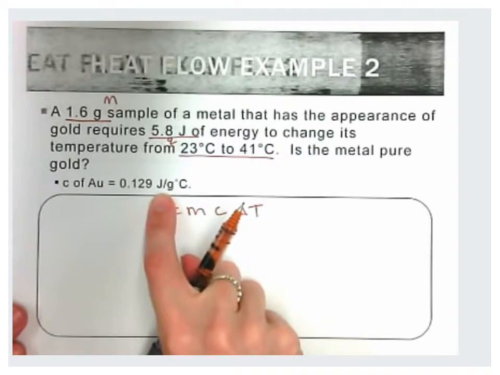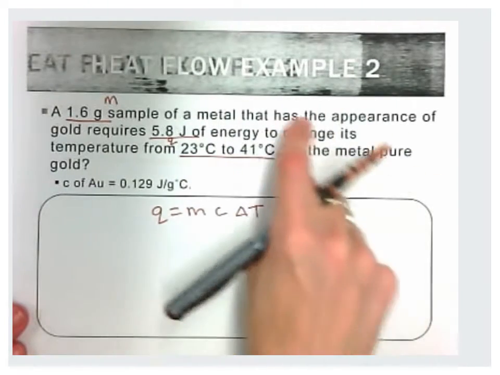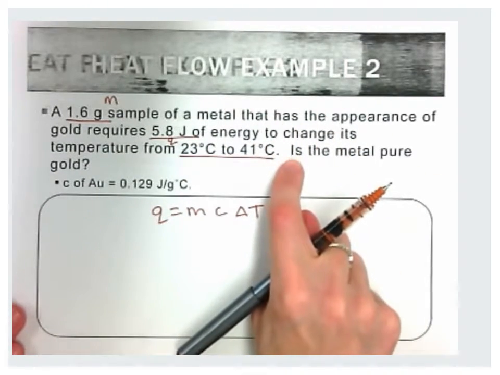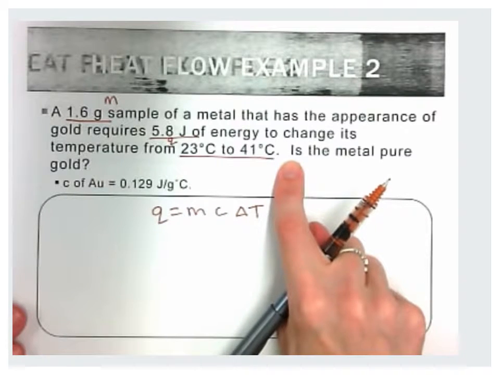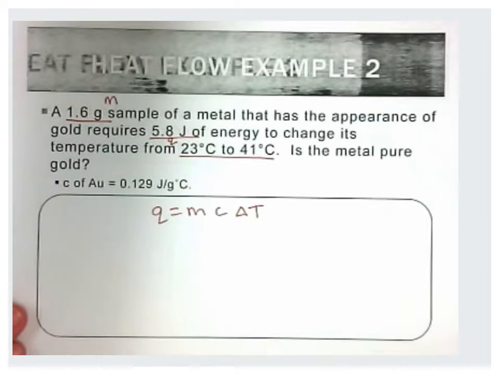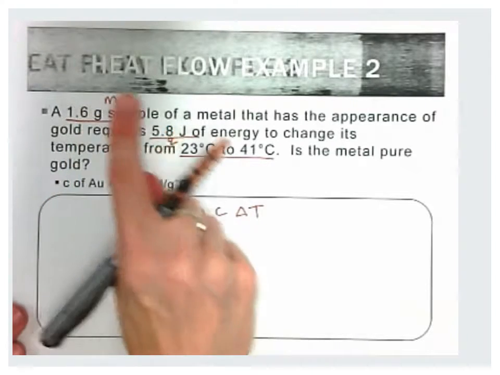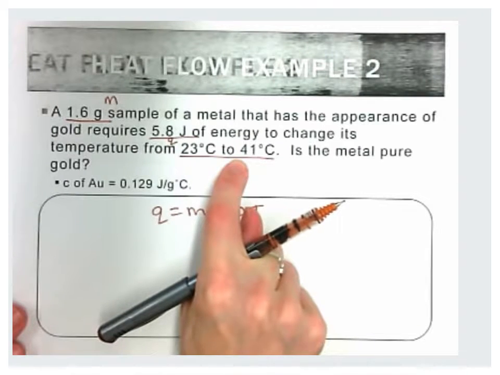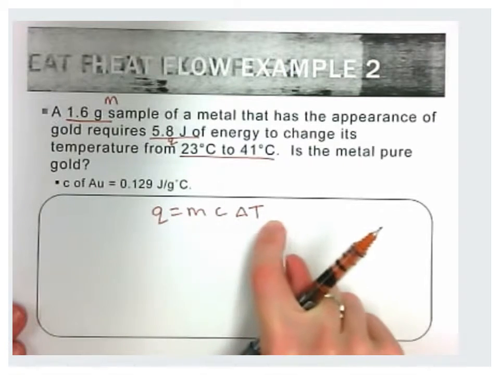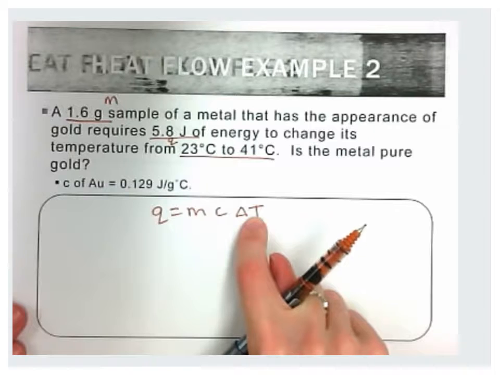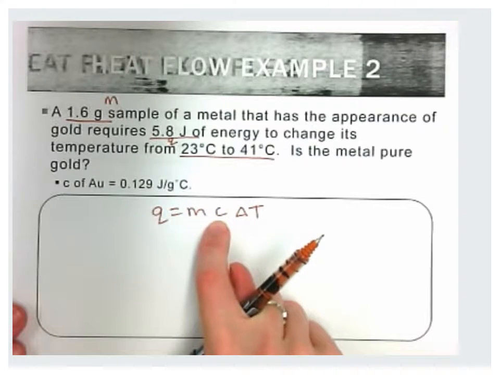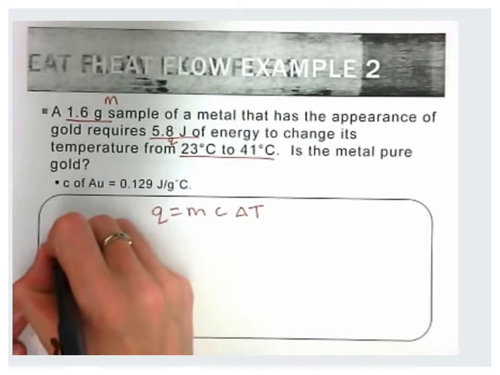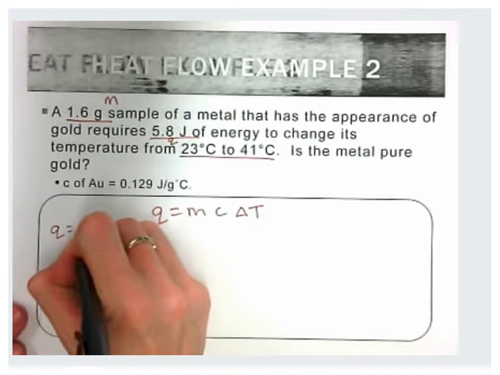Okay, so kind of a not so clear way of asking you to find heat capacity first. But you know to find heat capacity because you're given M, you're given Q, and you're given delta T. That makes it a heat flow problem where you would use this equation, and your only unknown is C. So Q is 5.8.